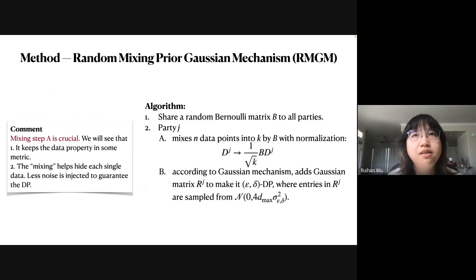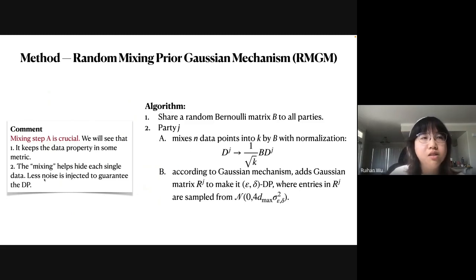There are two comments here for this privatization algorithm. The step A, this mixing step, is very crucial. We'll see that such design keeps the data property in some metric, which is useful for the linear regression performance.